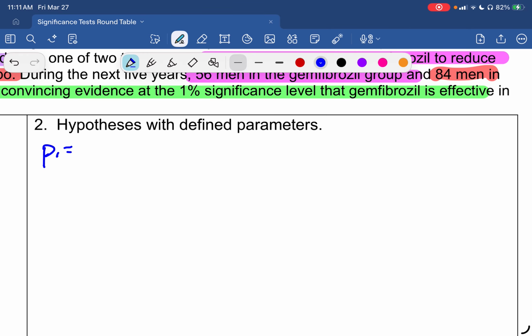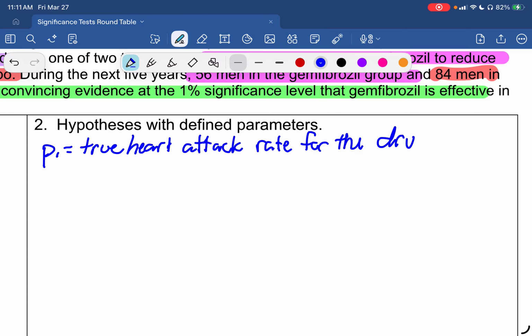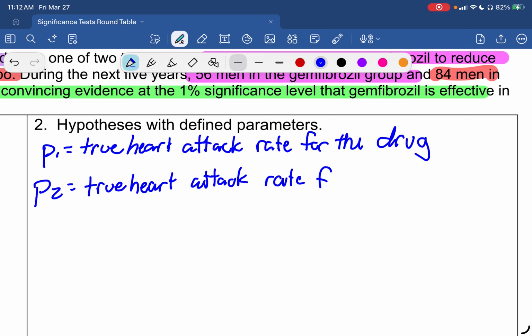With the drug being effective, one thing you want to do here: P1 is the true heart attack rate for the drug, and P2 is the true heart attack rate for the placebo.